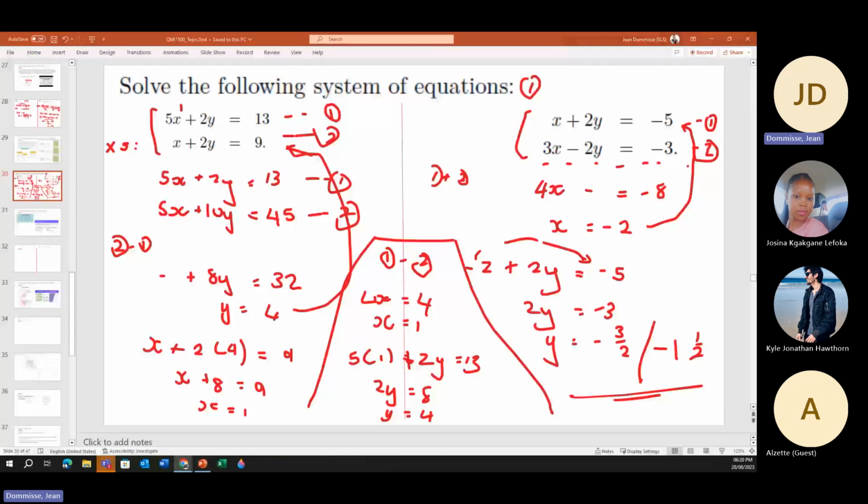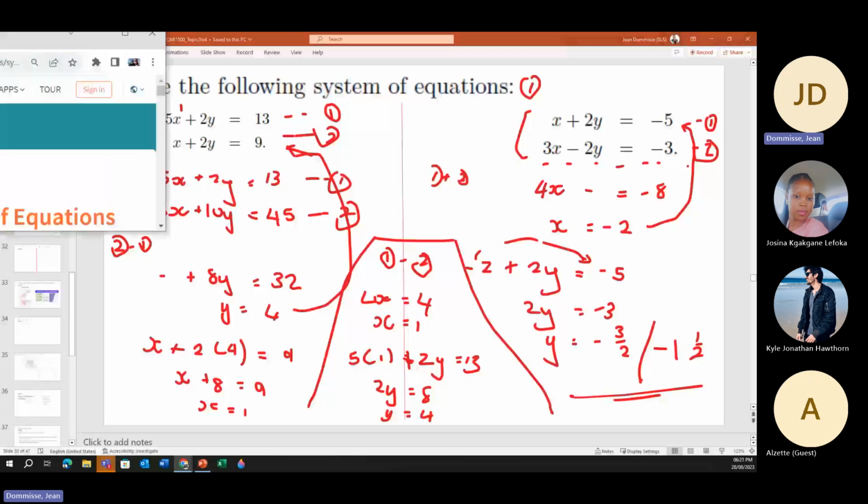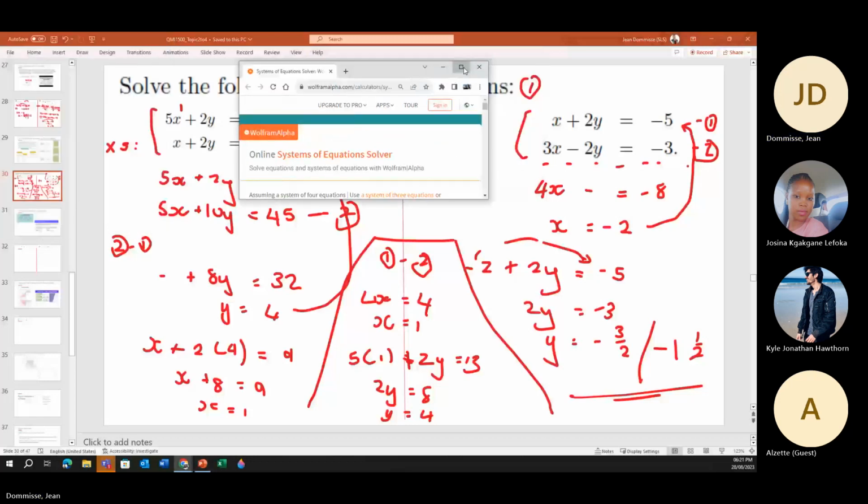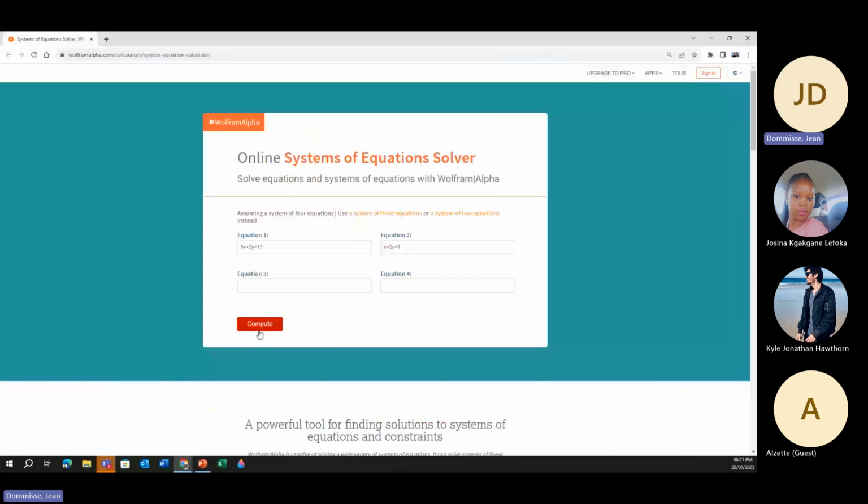So 5x plus 2y is equal to 13. The second equation was x plus 2y is equal to 9. So let's bring it here and let's compute and see if it works.